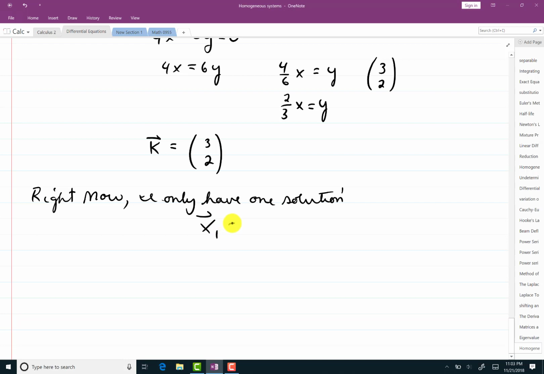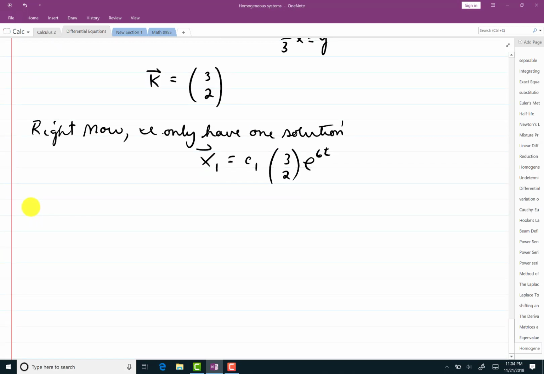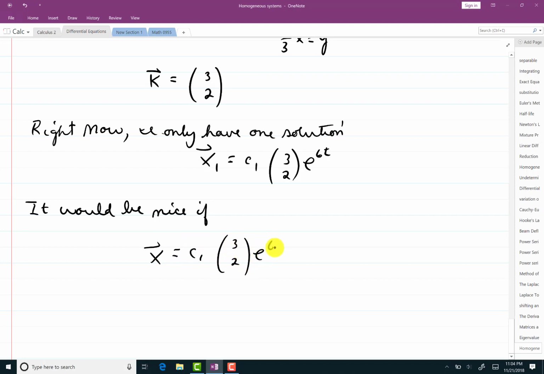Let's call it x1. The c1 is not part of the x1. And the eigenvalue was 6. Now, it would be nice if our entire solution were c1 times (3, 2) e to the 6t.